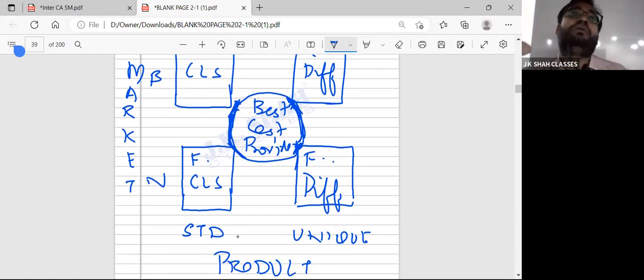Providing good quality products at affordable price. What is it? 2 examples. Your name is Rahul. Arman. I went to Rahul's shop and asked, sir, can you give me a good pen?